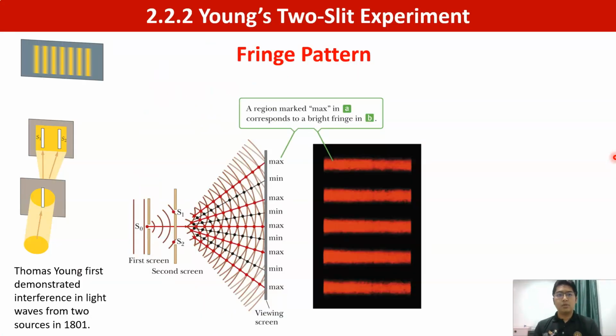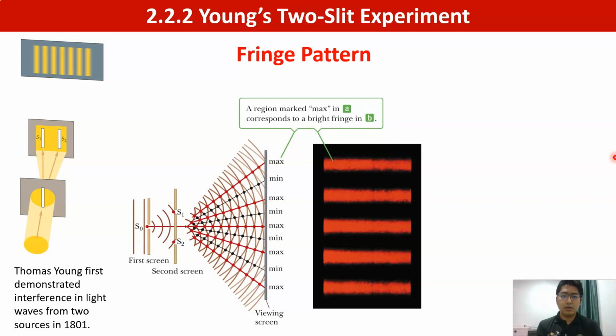So let's move to the second topic, Young's two-slit experiment. Thomas Young first demonstrated interference in light waves from two sources in 1801, more than 200 years ago.